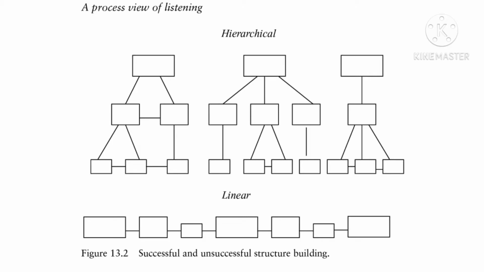Fourth, constructing. As more and more information is received, listeners have to impose a pattern upon the discourse representation being built up. For the L1 processing, they have an order. It can be hierarchical or linear.